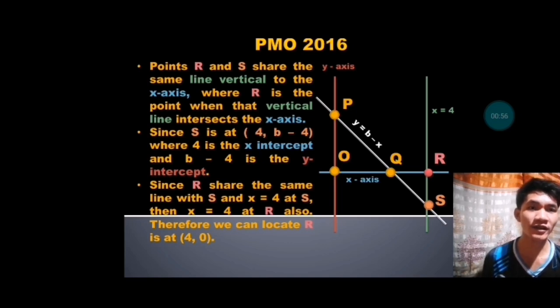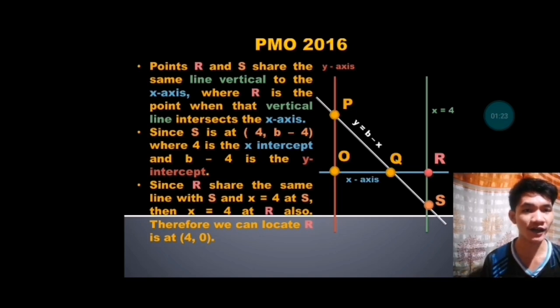Point R and S share the same vertical line, the green line, which intersects the x-axis at R. Since S is at 4 and b minus 4, and R shares the same line with S where x is equal to 4 at S, then x is equal to 4 at R also.